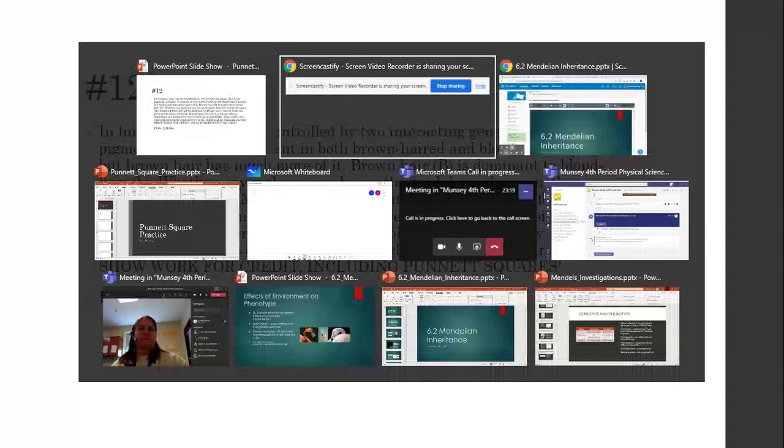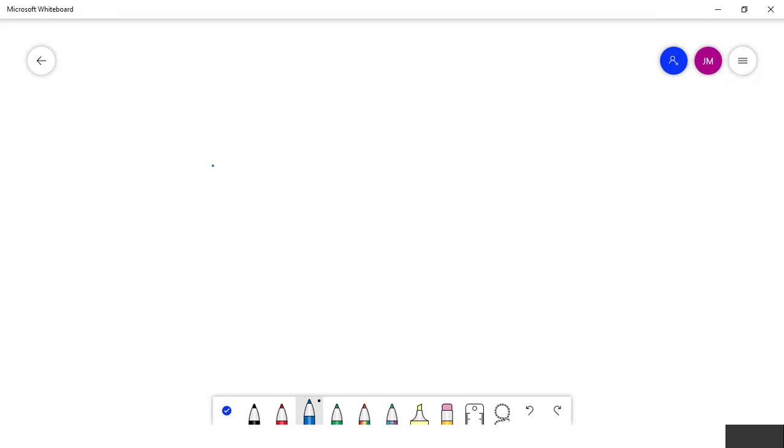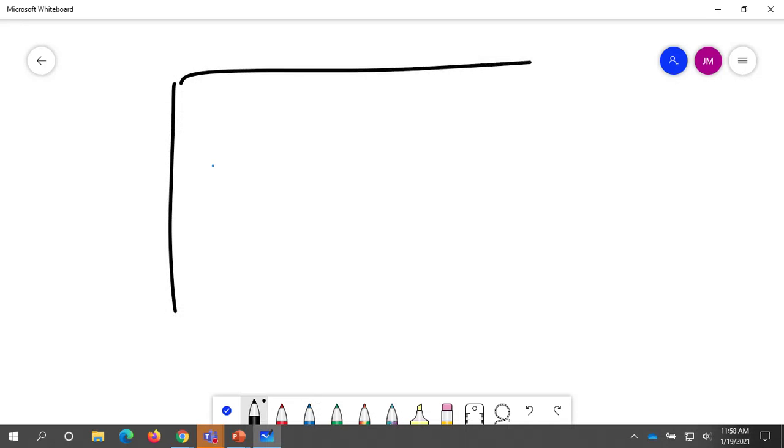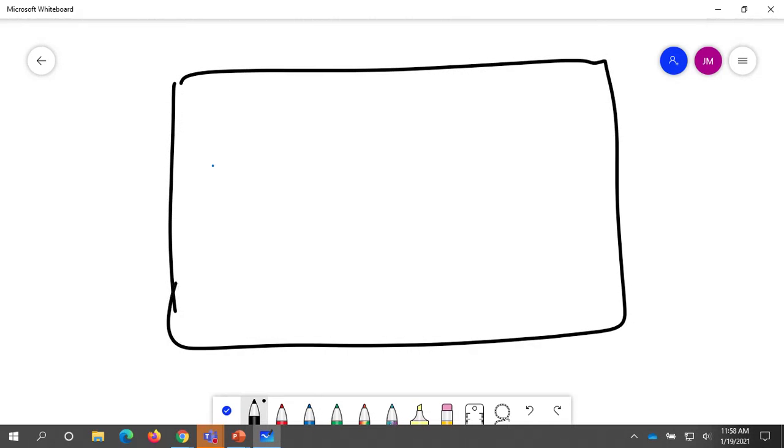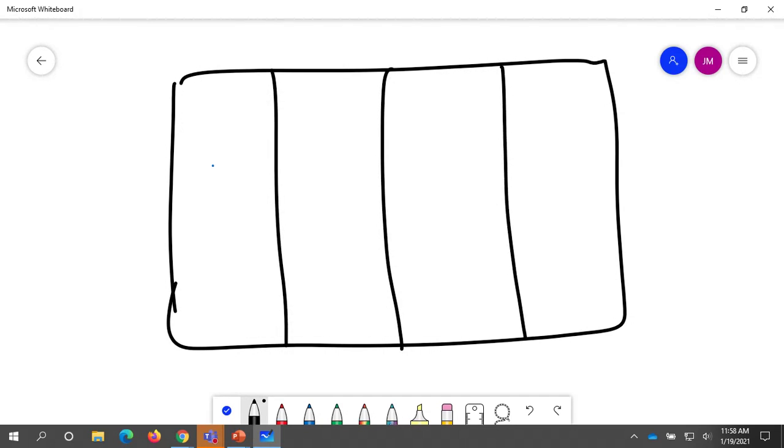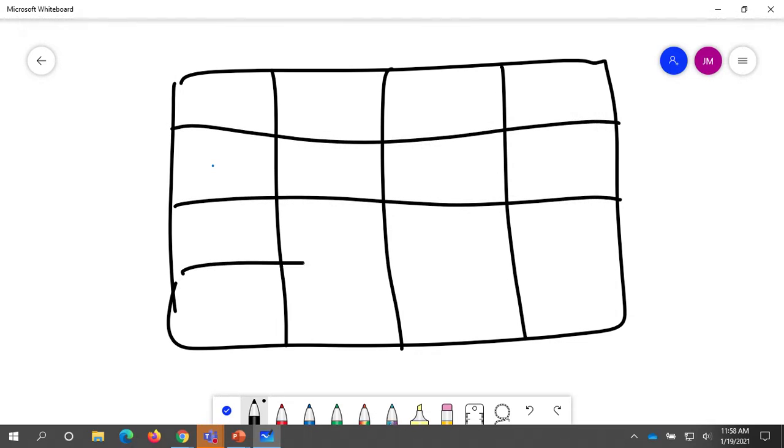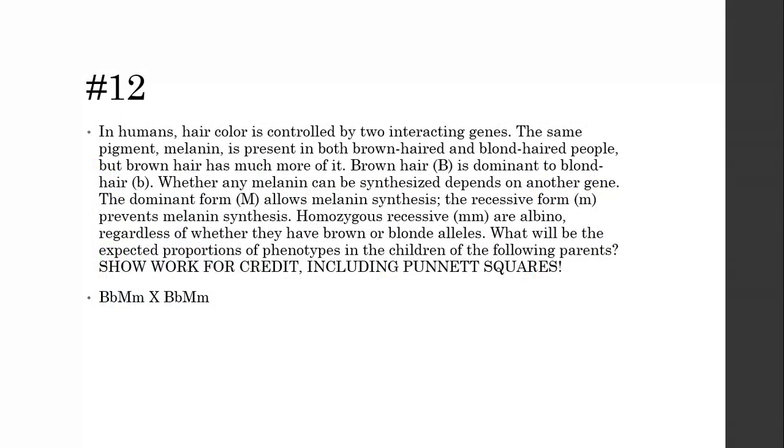So this is going to be a big cross. You're actually going to have 16 boxes for a double cross. And we are crossing big B, big M, little m.